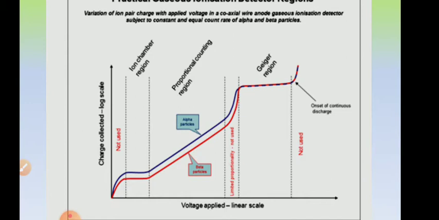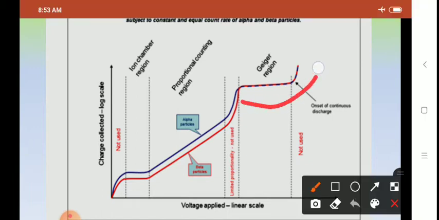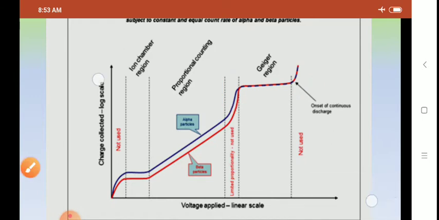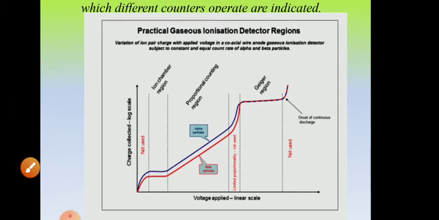This region is called the Geiger region, in which operates the Geiger-Müller counter. What happens in the Geiger region? All discharges produced by any type of radiation are nearly equal in magnitude, because the size of the pulse is totally independent of the amount of primary ionization. This region is called the Geiger region, where the Geiger-Müller counter actually operates.